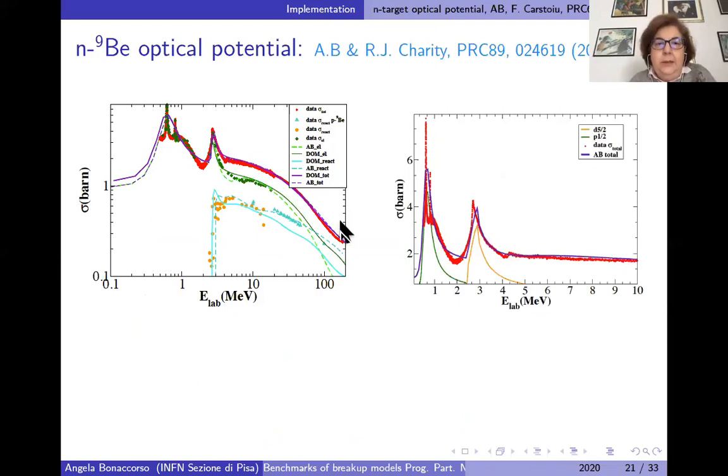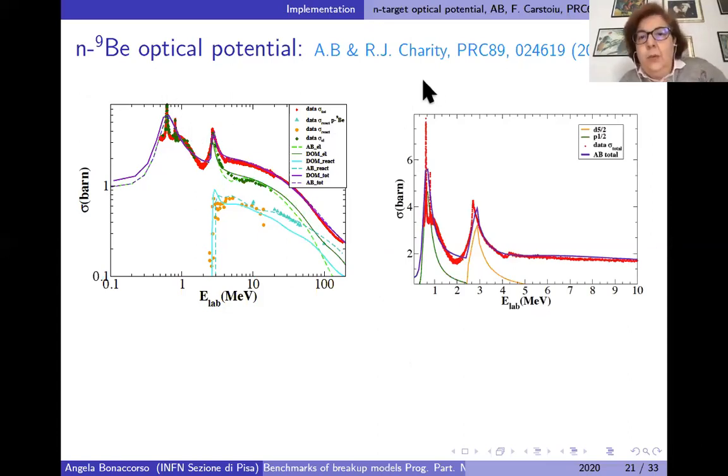It's not trivial at all. So in order to understand that spectrum, I worked almost 1 year to obtain what can be defined as an almost perfect neutron beryllium-9 optical potential.